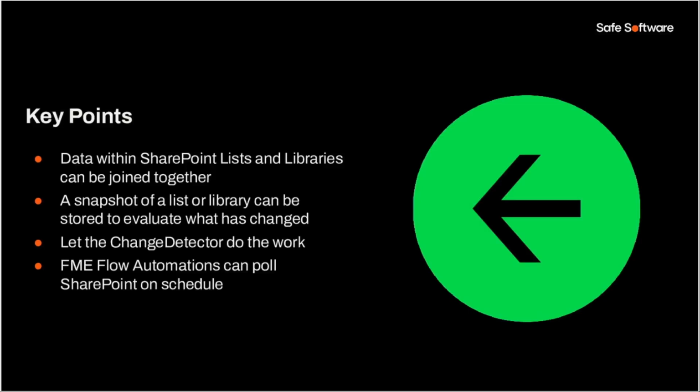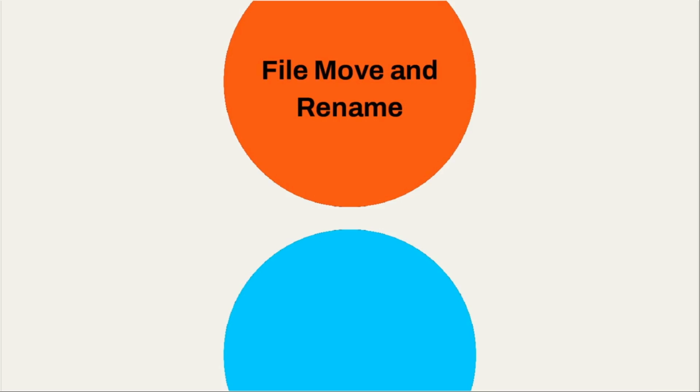But if I wasn't using ArcGIS Online, that might not be an option. We want to let the change detector do the work for us to let us know what's been inserted, updated. It'll also handle deleted. I wasn't using deleted in this flow for time, but I could improve my workflow to handle those deleted features too. And FME Flow automations can poll SharePoint on schedule. And now I'll pass it over to Natalie to do our next demo.